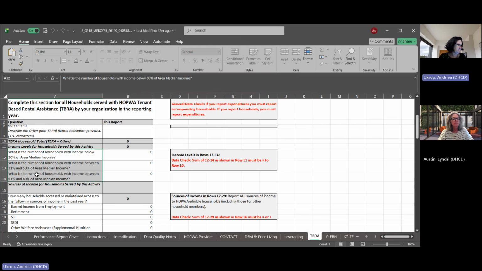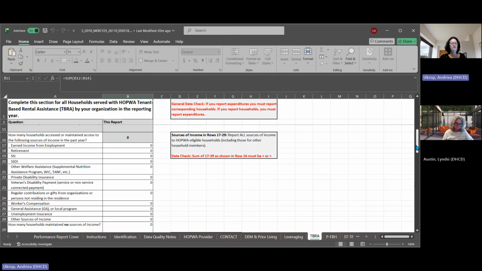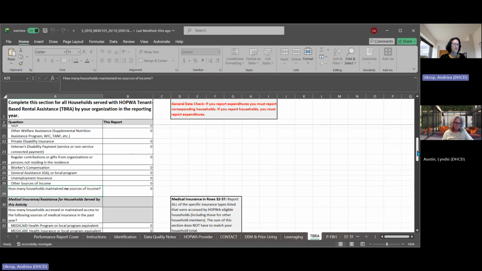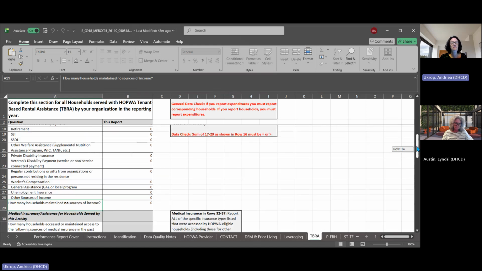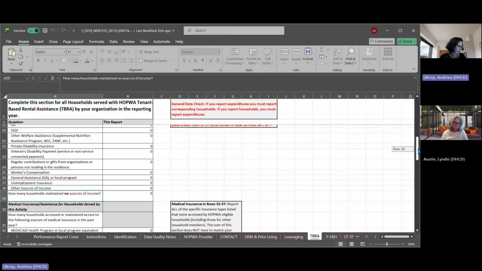And this must equal the total number of eligible households when it pre-populates here. So you'll provide your responses from 12 through 14, and it will pre-populate or auto-populate in row 11. In row 16, how many households accessed or maintained access to the following sources of income? So again, these are going to pre-populate, and here you have the number of households that had no income. So that must be at least the number of households served, if not greater.